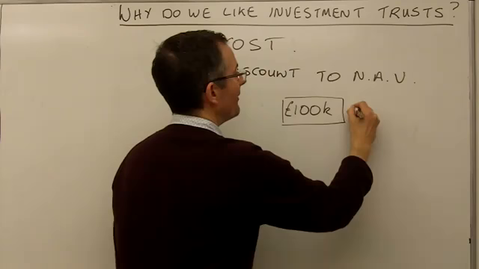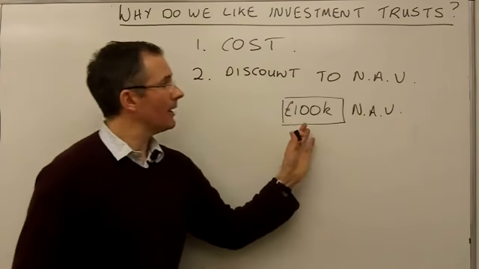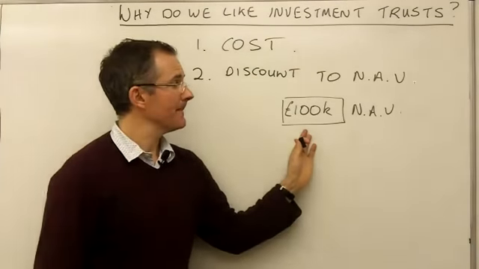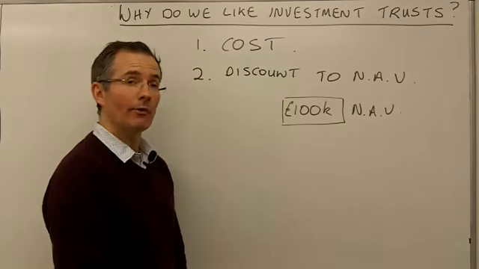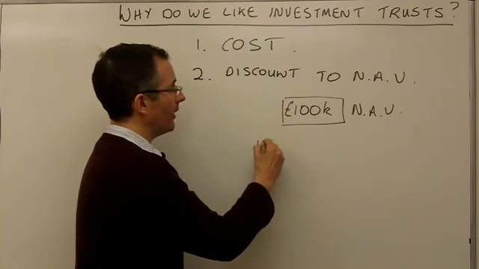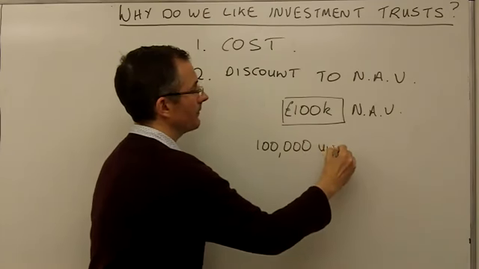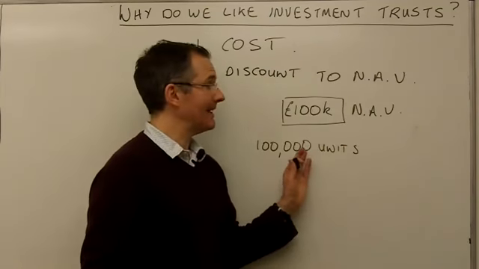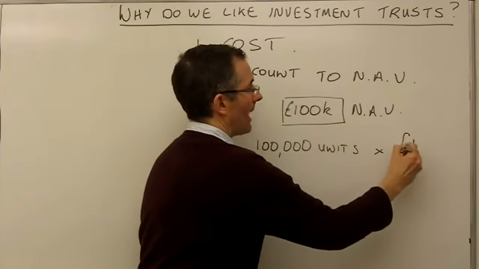So that's the NAV of the fund, derived by looking up the prices of all the shares in the portfolio at, say, the end of the day. And then the fund manager will look at the number of units in issue. So in very simple terms, let's say there are 100,000 units that have been sold to investors. And you would expect, and with the unit trust you'd normally see, that those units are worth, let's say, £1 each.